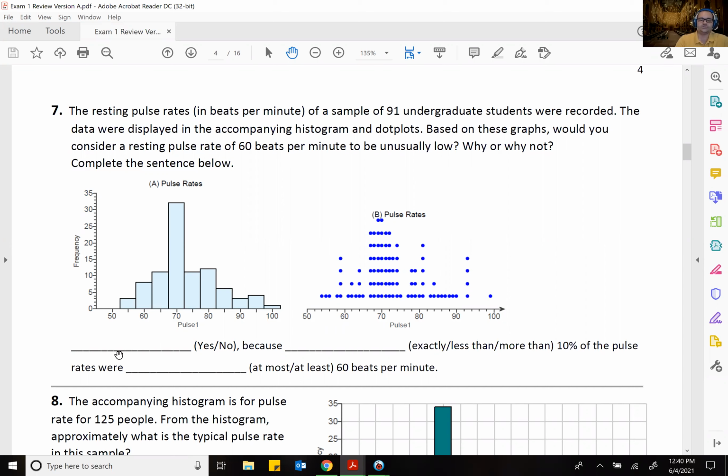And so the answer is yes, because are we exactly less than or more than 10%? Less than. We are less than. Less than 10% of pulse rates were at most 60 beats per minute.